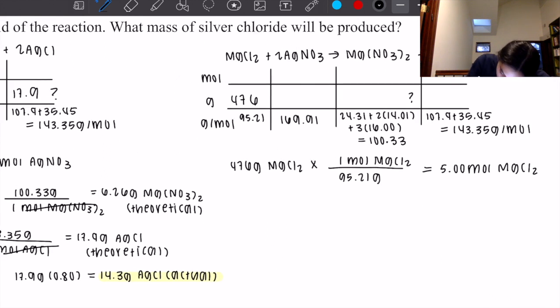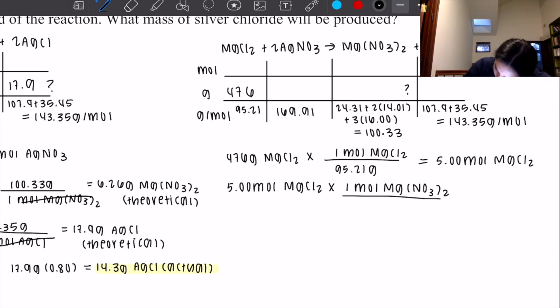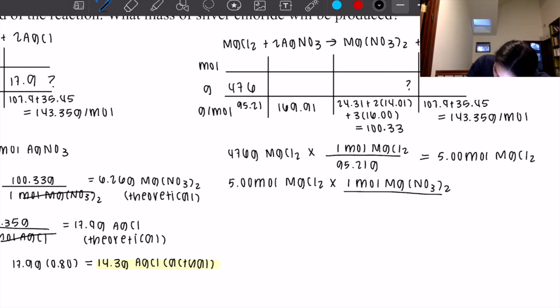Now we want to calculate the theoretical mass of magnesium nitrate. So I'm just going to go ahead and go straight to calculating grams. And by straight to calculating grams, I mean I'm going to do one large conversion instead of two separate ones. So I'm going to have 1 mole MgNO3 over 1 mole MgCl2, and then I'm going to multiply by the molar mass.